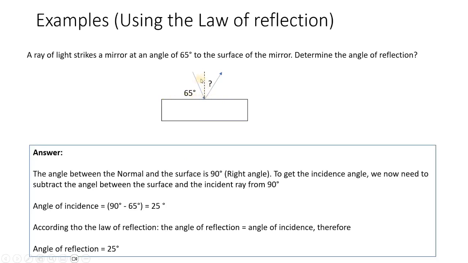So to get the angle of incidence, that little angle between the normal and the incident ray, we deduct 65 degrees from 90 degrees. 90 degrees minus 65 degrees gives you 25 degrees, which is the angle of incidence.